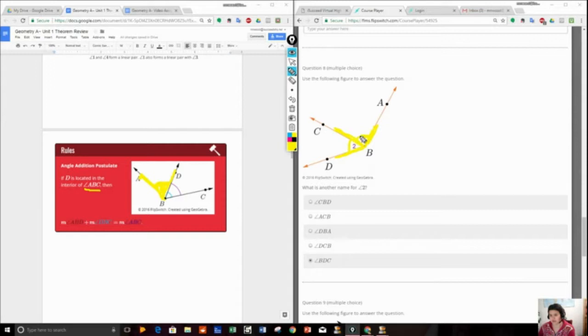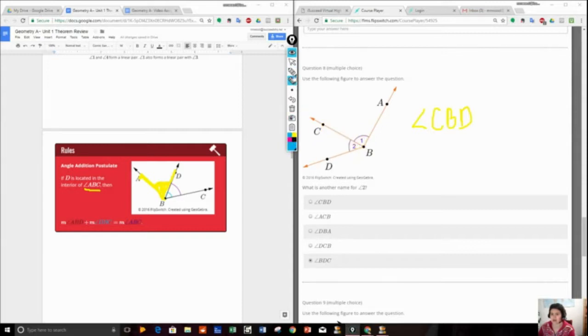So for angle 2, its sides are BC, so I could start with the point C, so angle C, and then I go to the vertex B, and then I go to the other ray D. So this is angle CBD, or we could go the other direction.